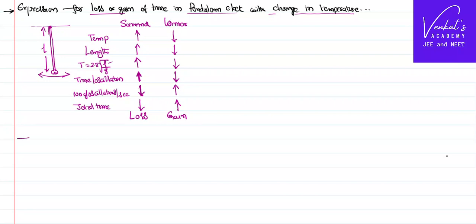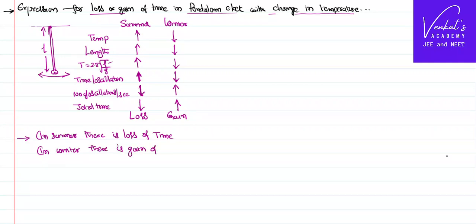So the first thing I want you to understand is, because of the pendulum's temperature variation, in summer there is a loss of time, whereas in winter there is a gain of time.